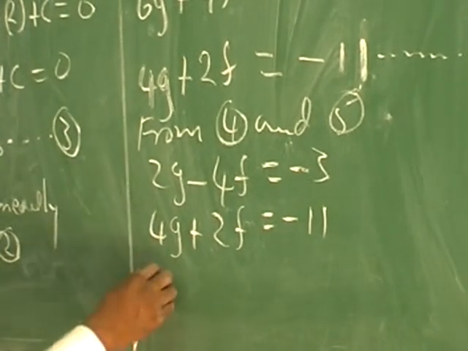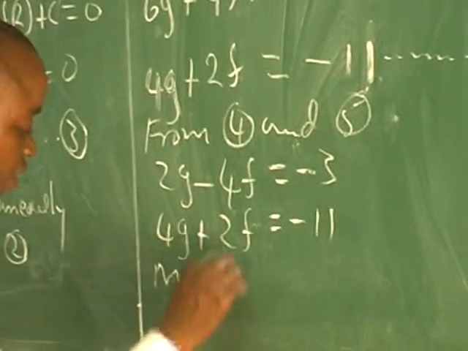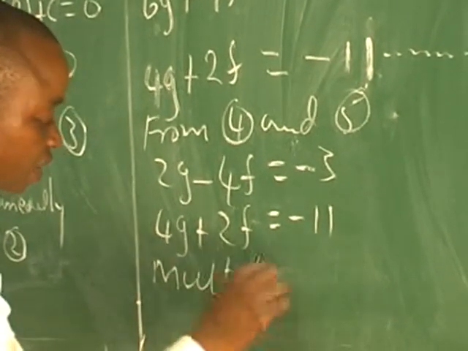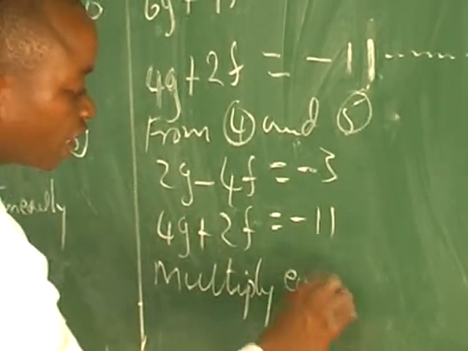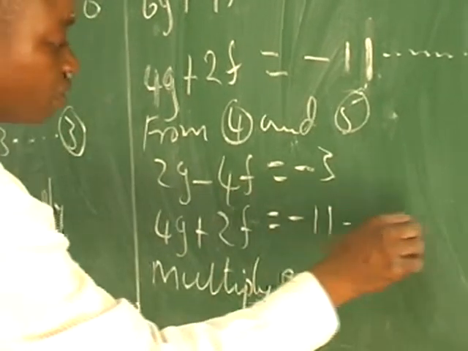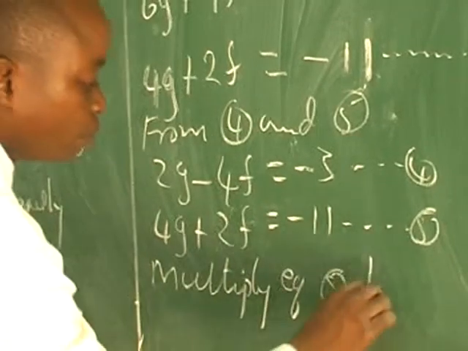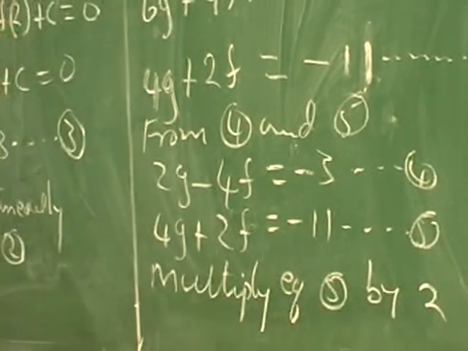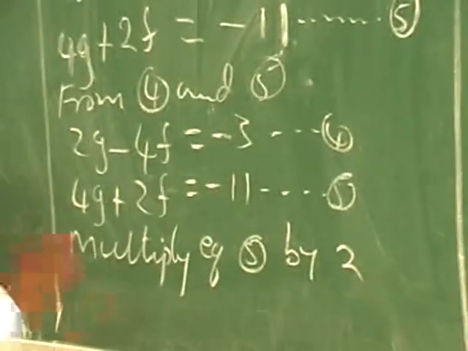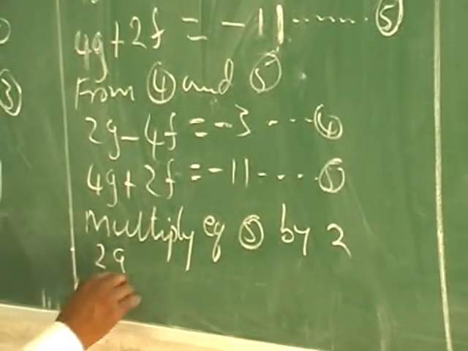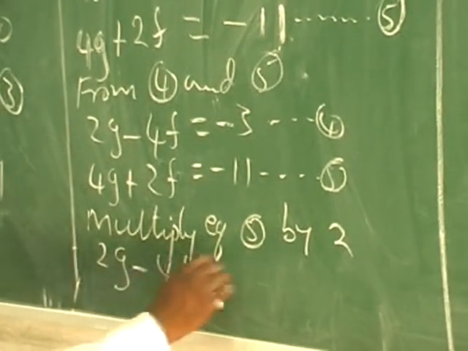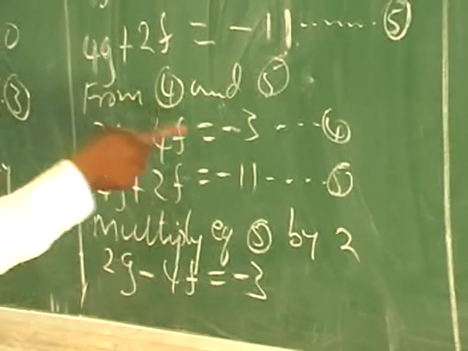And so what we do is we are going to multiply equation 5. This is equation 5. This is 4. So multiply equation 5 by 2. If we do that, we will have 2g minus 4f is equal to minus 3. That is equation 4.